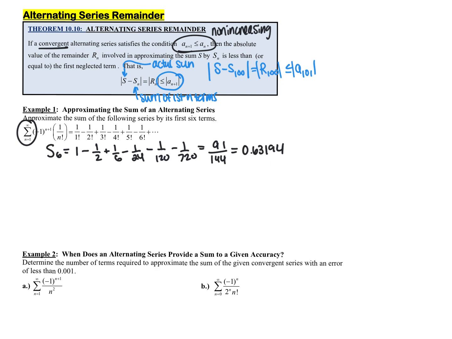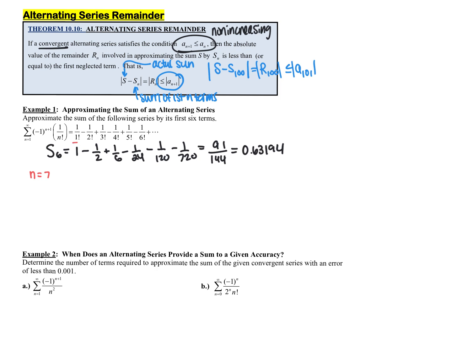But stopping at any value is an approximation. So then if we want to know how accurate that is, how close to the actual sum that is, we want to look at the next term, right? So we are going to look here. That would be a sub 7. So we're going to look at the next term when n is equal to 7.